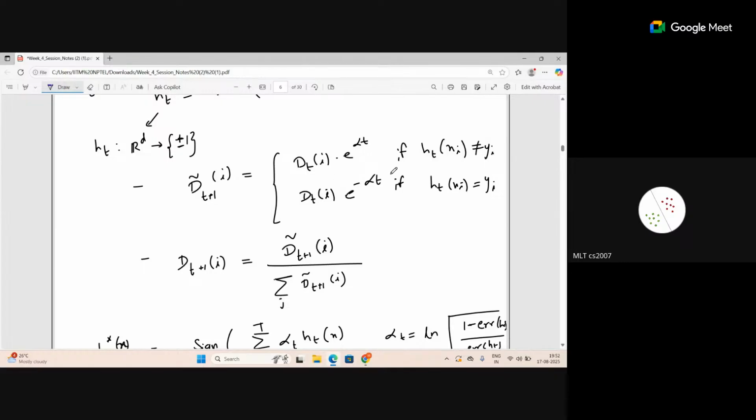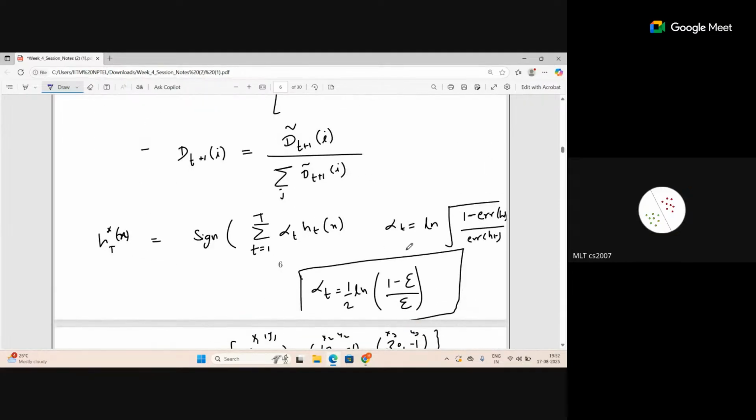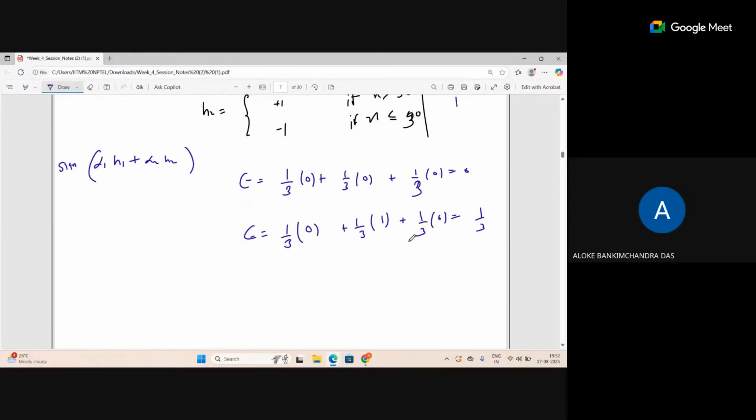Let us say D t of i times e to the power alpha t, and alpha is coming from here, correct? Maybe this example is not suited to this. What is ln of 1 by 0? Ln of infinity should be 0, I think. I'm not sure what the value of it is. And if it is 0, then we are putting one third, right?